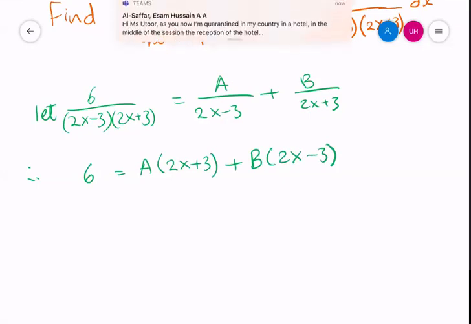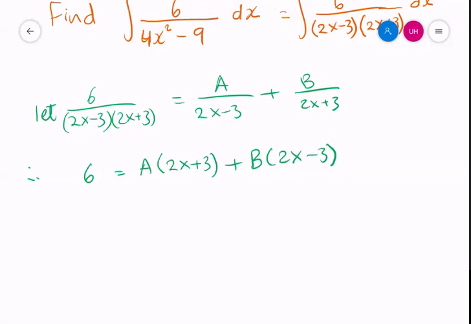So substitute the values. For the first one, we'll find the value of x here, it's going to be minus 3 over 2. For the other one, it is 3 over 2.